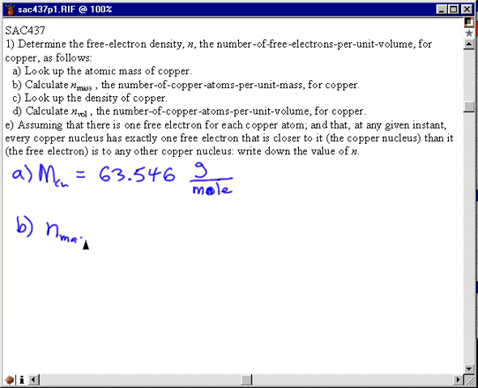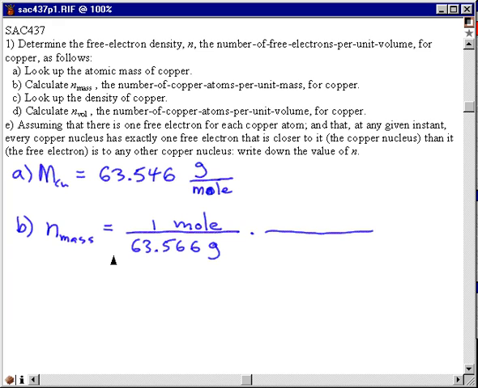Just looking at the units, if it was the number of moles per gram, it would be 1 over 63.546 grams per mole, or 1 mole. A mole is just a certain number of particles, Avogadro's number of particles per gram, so I'll multiply that by the number of particles per mole, which is N_A, Avogadro's number.